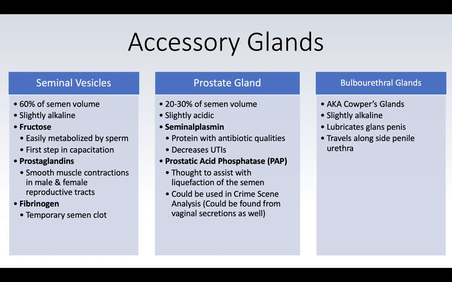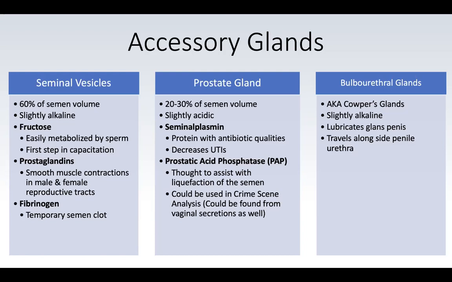Seminal vesicles will also have prostaglandins. This will initiate smooth muscle contractions in the male and female reproductive tracts to facilitate movement of sperm in these tracts. Fibrinogen is also present in seminal vesicles to form what we call a temporary semen clot.